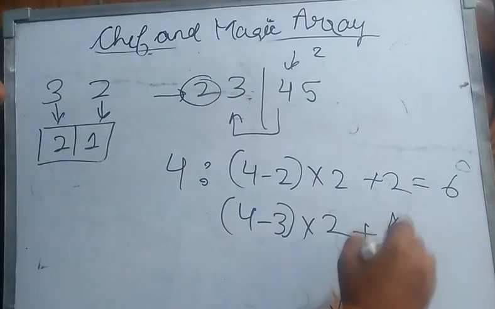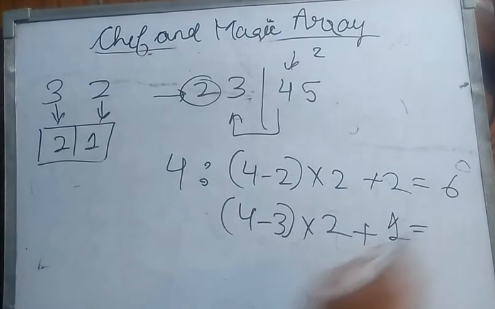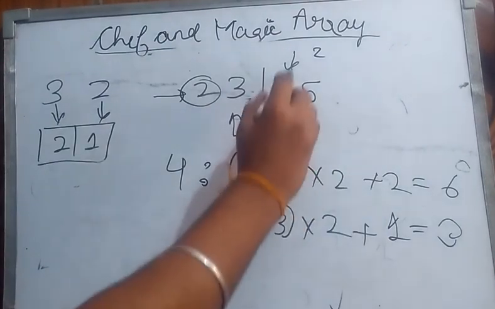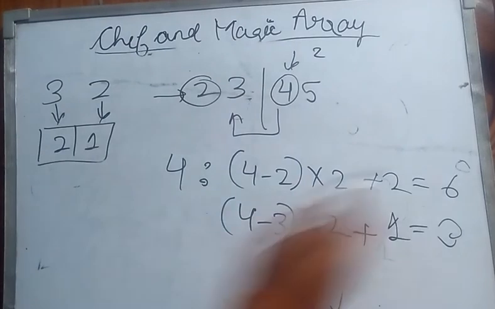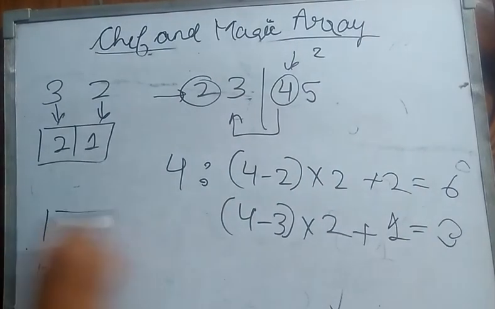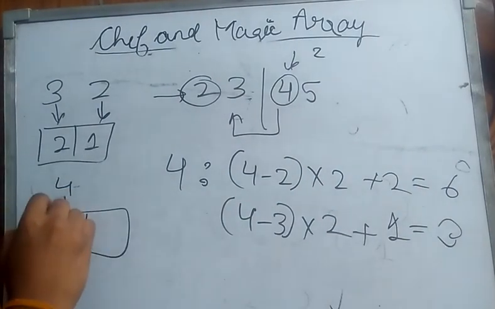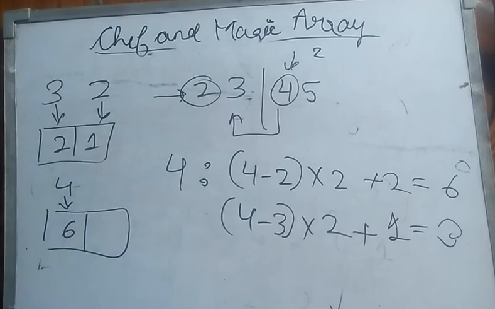I will add 1 here. So 1 into 2 plus 1, that is 3. So what is the maximum value I am getting when 4 is on the left in this dish? That is 6. I will store this.